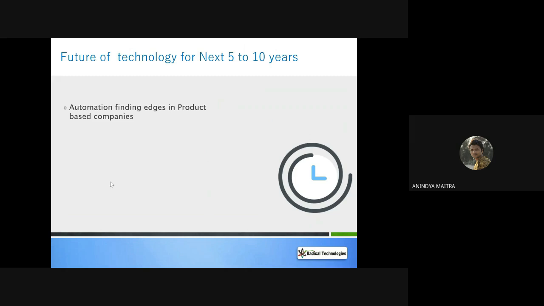I personally really feel this. Nowadays, mostly the service based companies, the IT companies, use RPA. But the product based companies must have scope for RPA as well. RPA has to find edges, because I have seen some product based companies in different industries, in the pharma industry, in the solar project industry. They use RPA, but not on a high scale. They use it on a very small scale and with a very limited scope.